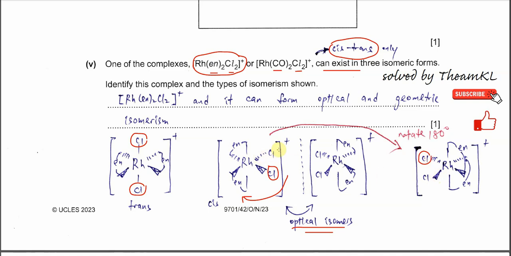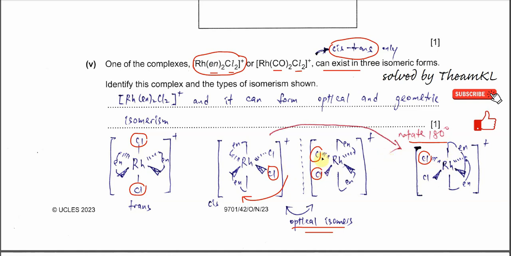So this chlorine will be at this position, isn't it? Then we want to rotate this chlorine 180 degrees to this position. Therefore, this will be the isomer after rotation.